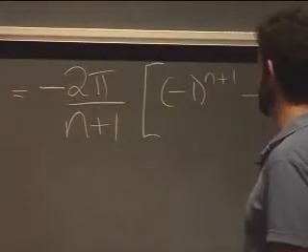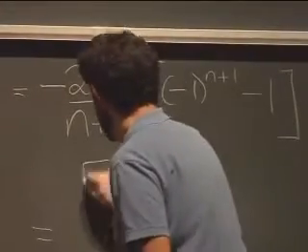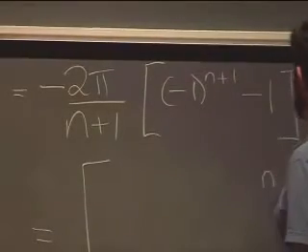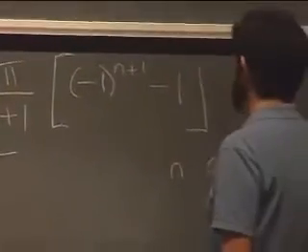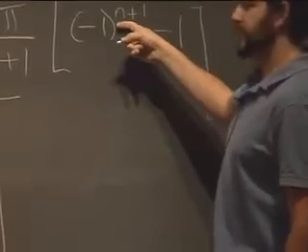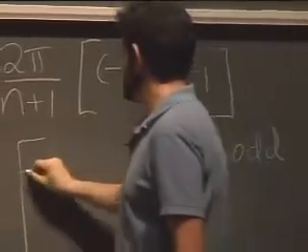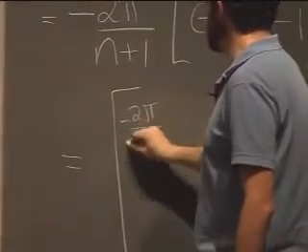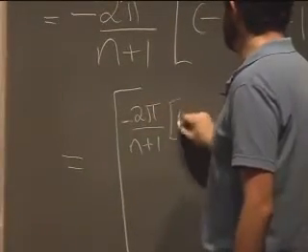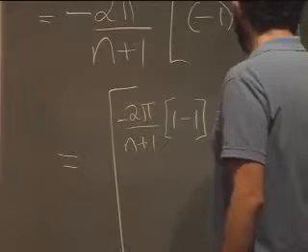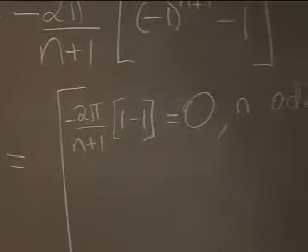Now there's two cases. If n is odd, then n plus 1 is even. And this is 1 minus 1. So it's minus 2 pi over n plus 1 times 1 minus 1, which is basically 0 if n is odd.